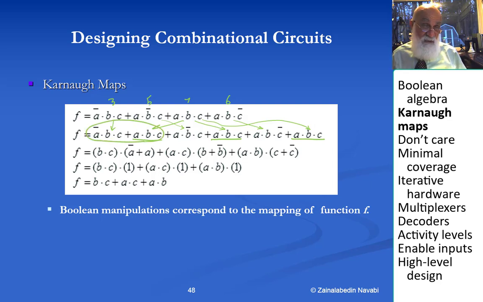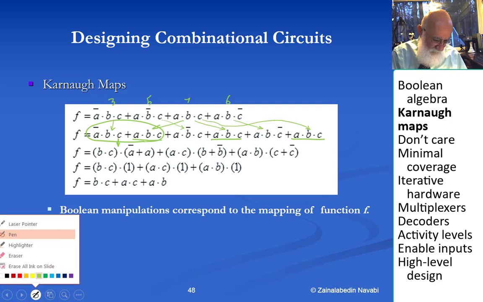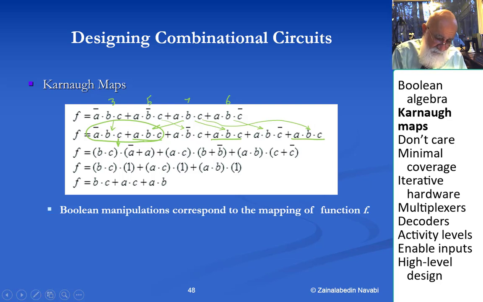Okay, let's combine these two because they are adjacent terms, and therefore I take B C, factor it out, and this becomes A bar or A, which is 1. Okay, so this becomes this one over here. And then I'm going to take these two, factor out AC, and this becomes this one over here.